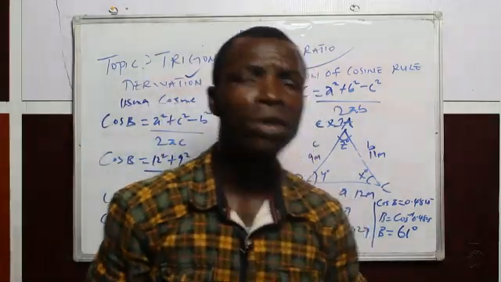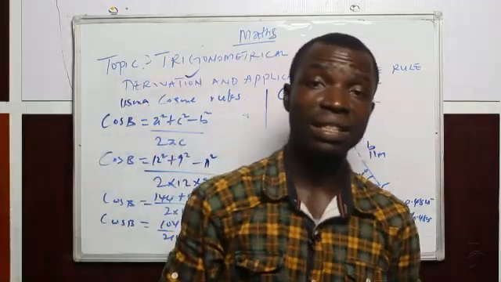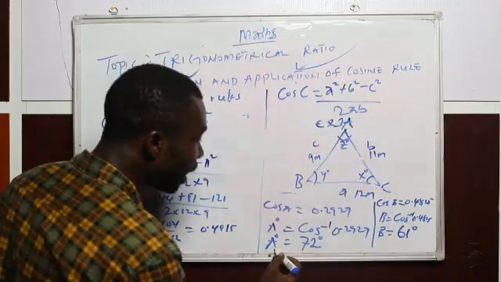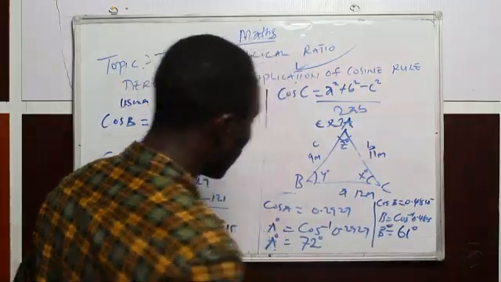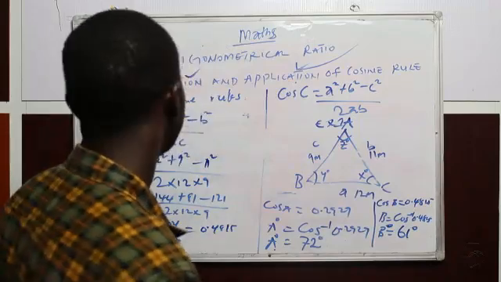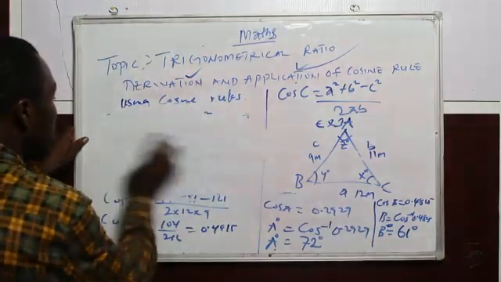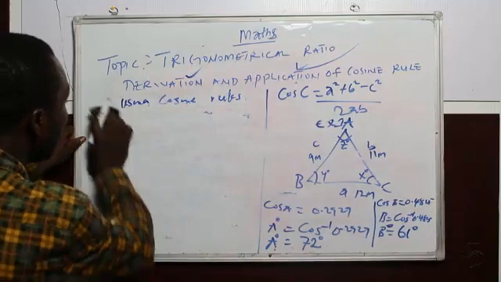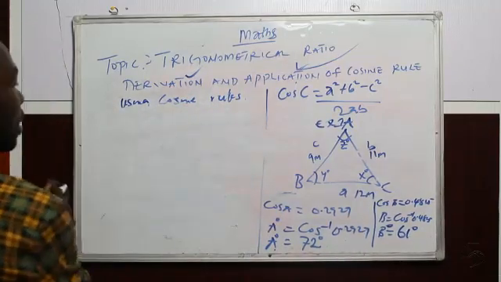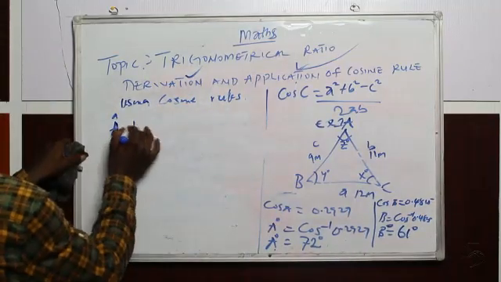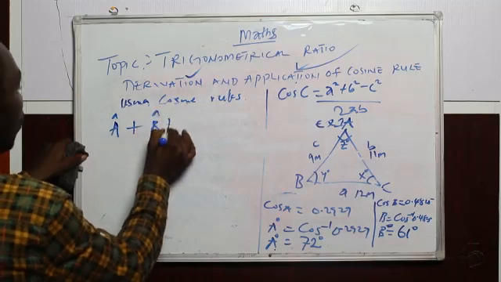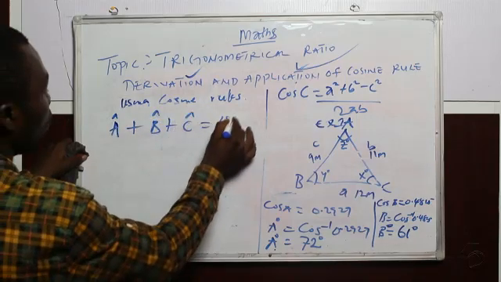Now, how do we find our angle C? Remember, the total sum of angles in a triangle is 180 degrees. So angle A plus angle B plus angle C is equal to 180 degrees.